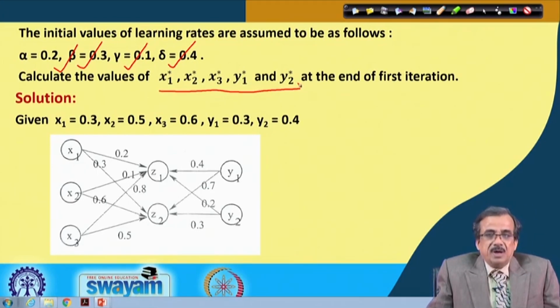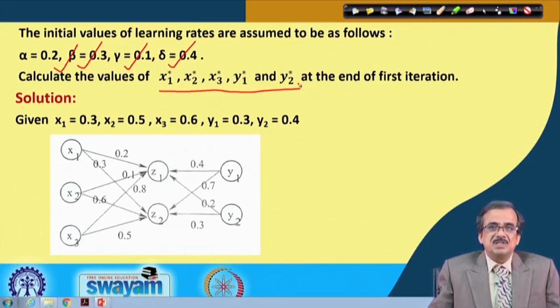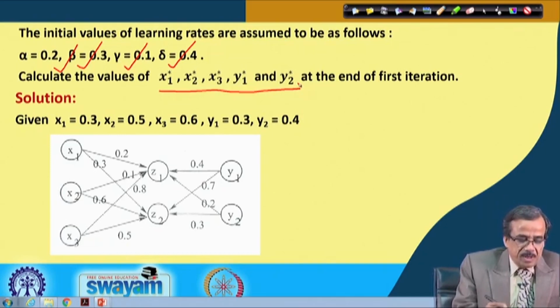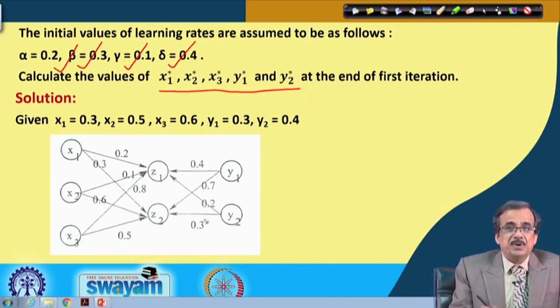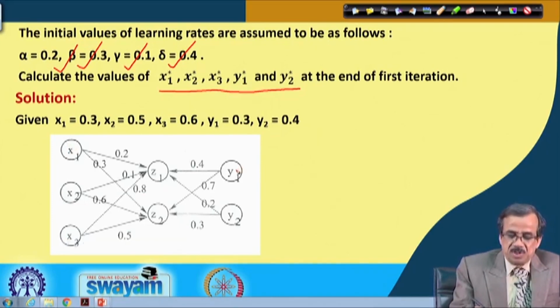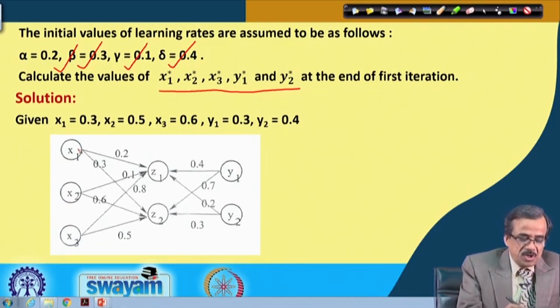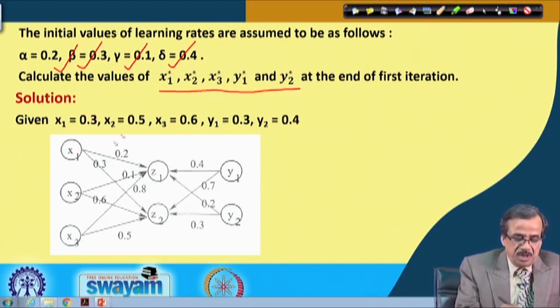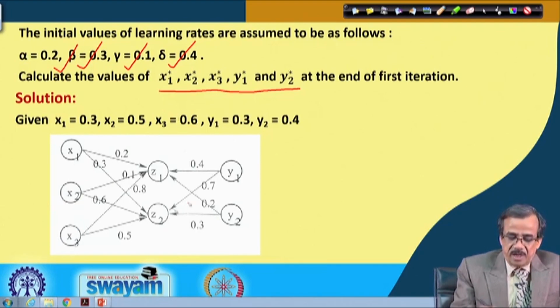Here we are going to show only one iteration, and let us see how it works. Now, this is another view of this in-star model, and these are the x inputs, these are the y inputs. So, x1 is 0.3, x2 is 0.5, x3 is 0.6 and y1 is 0.3 and y2 is 0.4.